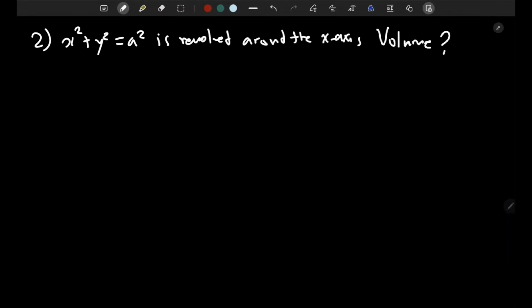The first thing we notice is that we have an equation with 3 variables here, and this is the standard equation for a circle, if you don't know that. We first need to rewrite it in terms of y. So y squared is equal to a squared minus x squared, and y is equal to radical a squared minus x squared, plus or minus.